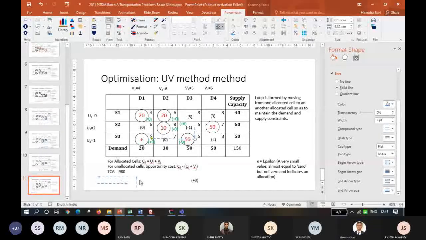From S3 D1, then the next would be up to this point, correct?